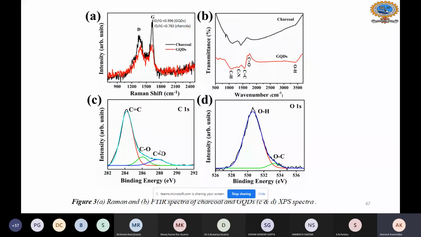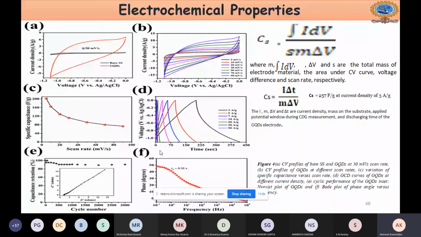Now these are the results of the electrochemical measurements. If you see here, the first one shows that the potential range lies from a little more than minus 0.1 up to 0.